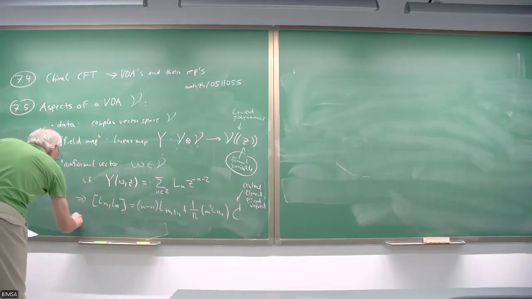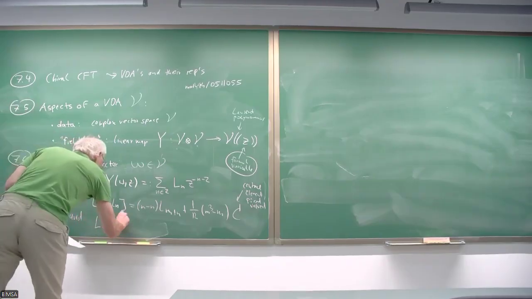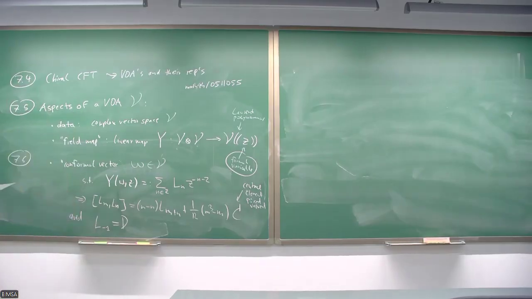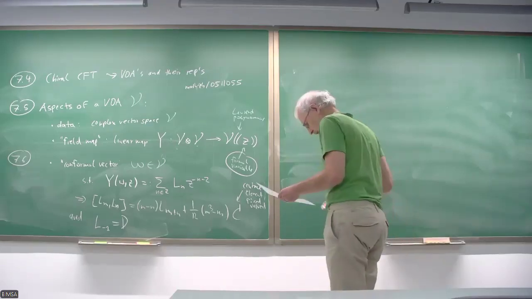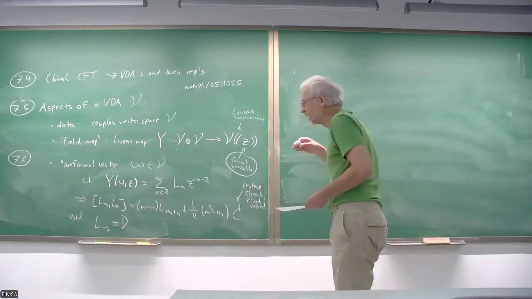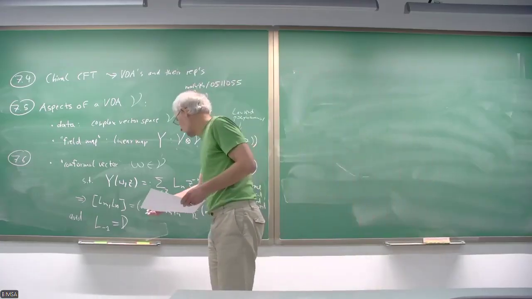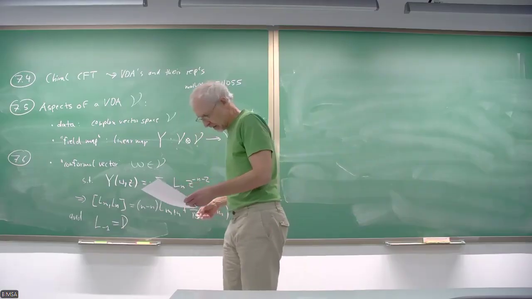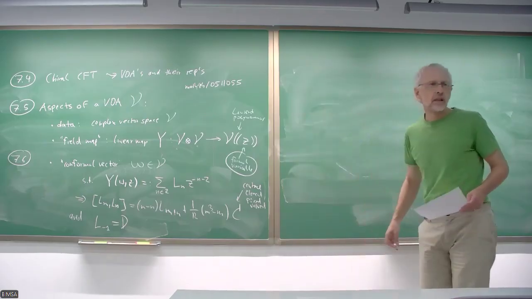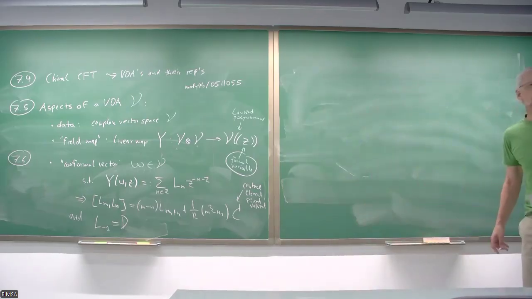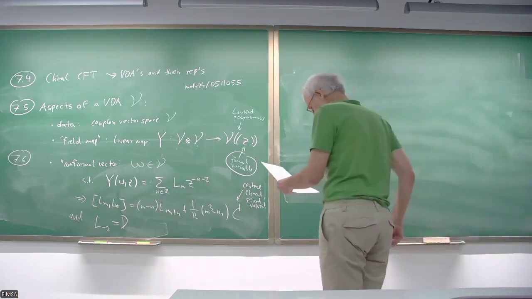In addition, the mode L_(-1) coincides with the derivation D. Sometimes one also requires that the linear map L_0 is diagonalizable, but this restricts the number of models one can look at, and it can be generalized, so I will not write it down.